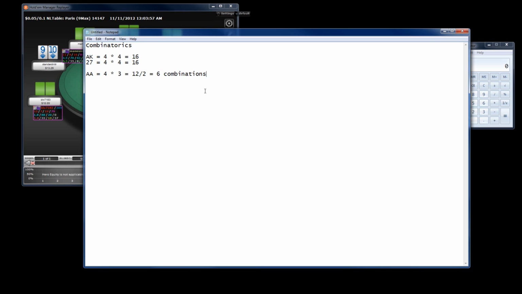So, for instance, if you multiply 4 times 3 to get 12 combinations, it'll count the ace of diamonds and the ace of hearts as a different hand than the ace of hearts and the ace of diamonds. That would be 2 separate hands, when really they're the exact same hand, just in a different order. So we have to make sure we don't double count, just by dividing by 2. That should make sense for you guys, but if not, don't worry about it. Just divide by 2 with the pocket pairs.